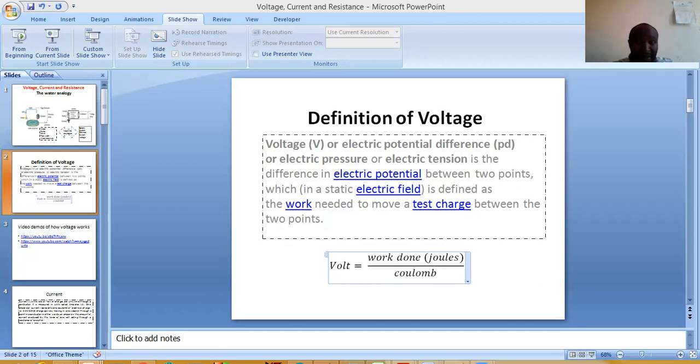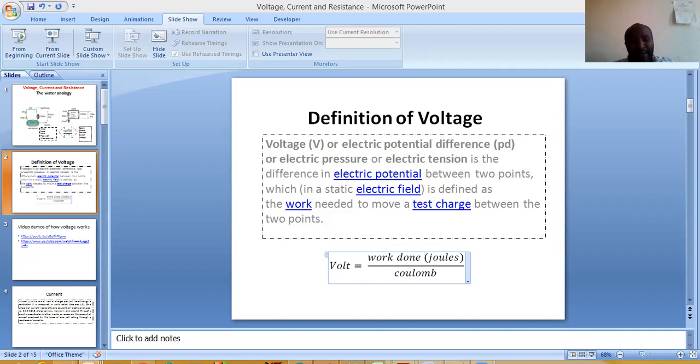So if it's a bulb, if you want to know how much power is being absorbed, then you measure the voltage across the two terminals of the bulb and the current flowing through the bulb. And that gives you the power that is being dissipated by this appliance.